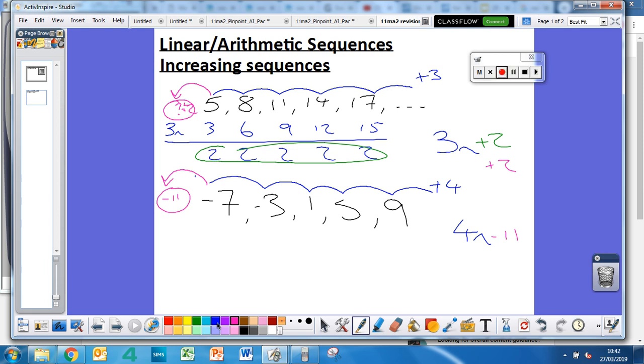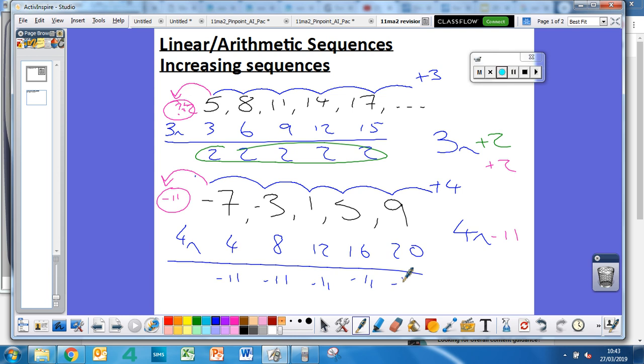However, when you work on things like quadratic sequences, you need a little skill that looks a bit like this, and it's quite helpful for some people. They say, look, 4n, the 4 times tables, would go 4, 8, 12, 16, 20. And if I subtract that from here, -7 minus 4, -11, -3 minus 8, -11, -11, -11, -11.